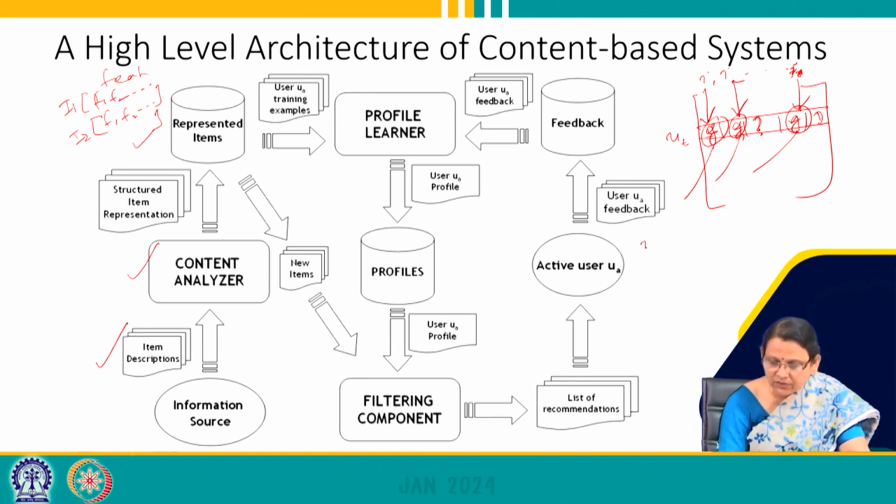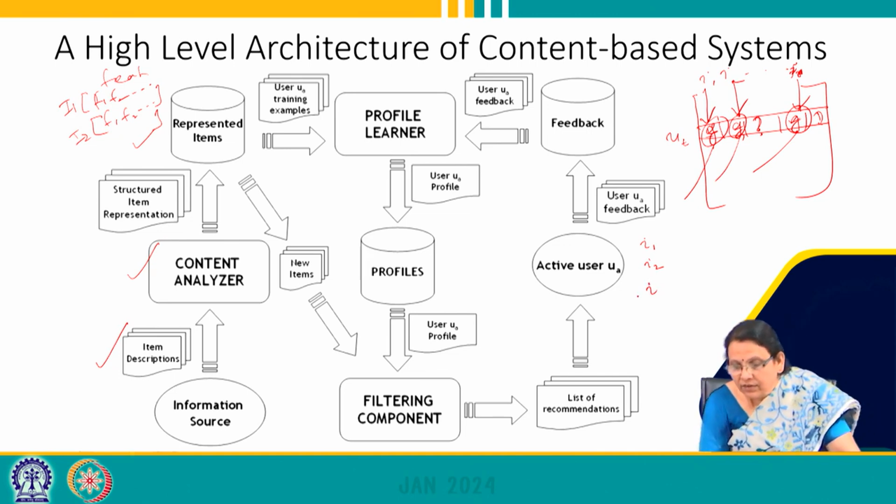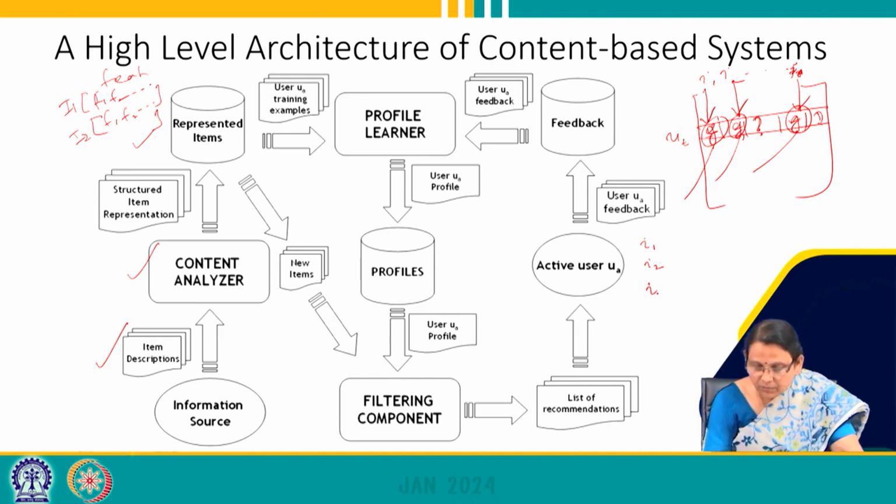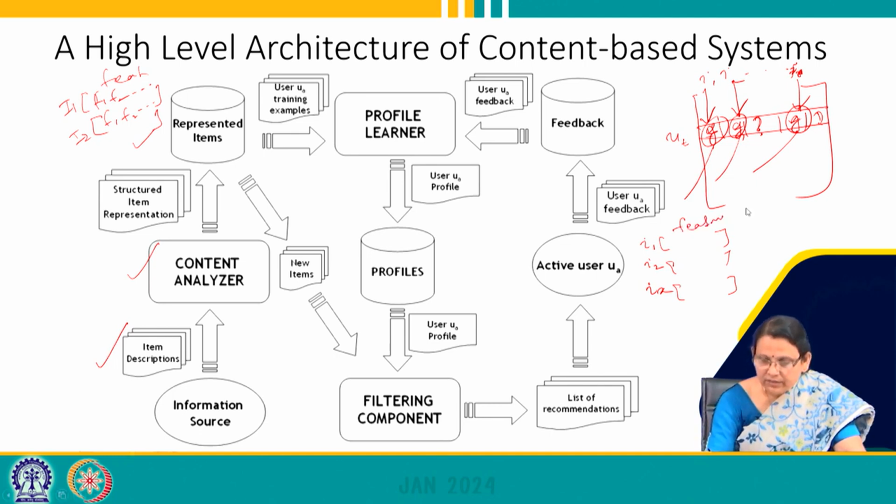So, your training pattern consists of item I, item 2, and some item X, and here these are the feature vectors and these are the features, and here you have your rating. So, this is the rating for this particular user. So, you have some rating 1, rating 2, rating 3.